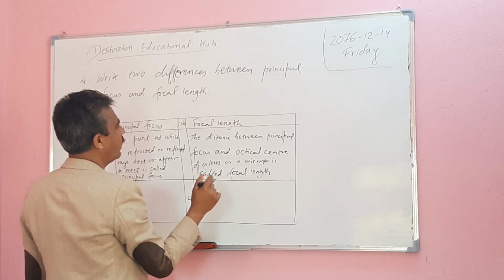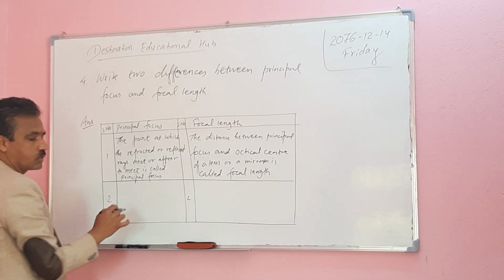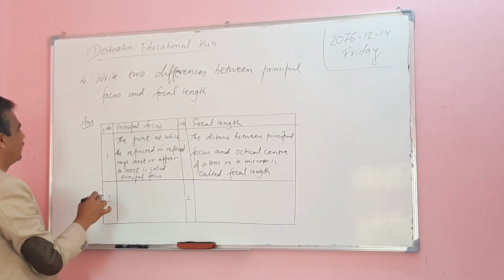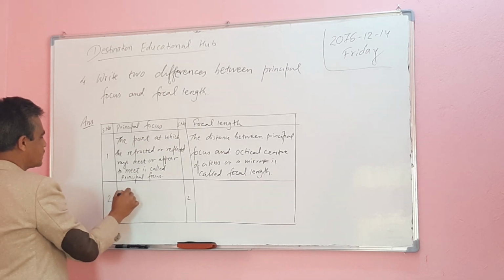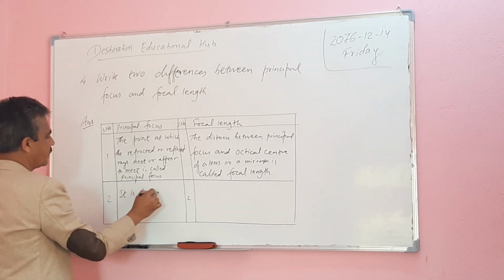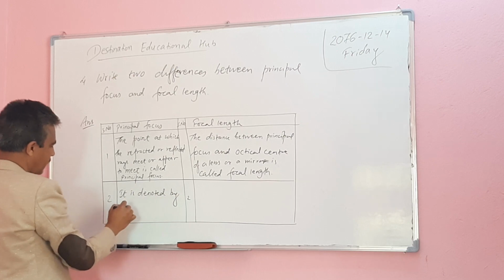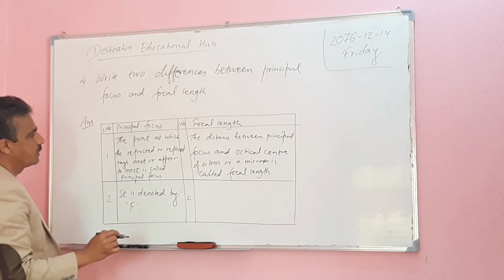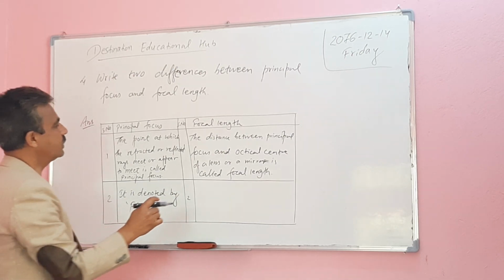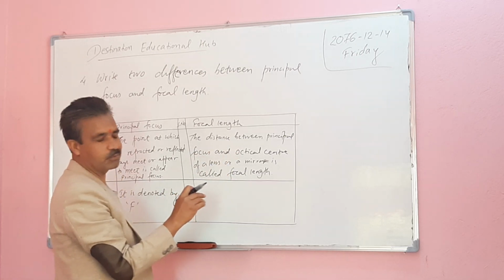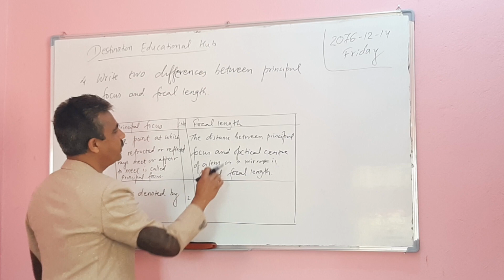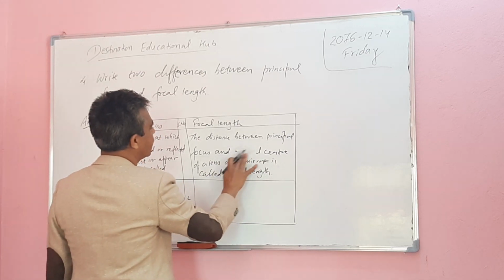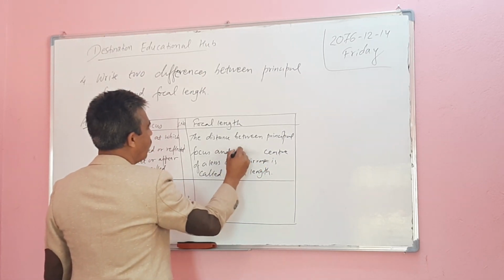Now, the second point. Principal focus is denoted by capital F. Here I wrote optical wrongly, so I have to correct it. It looks wrong, so O-P-T-I-C-A-L, optical.